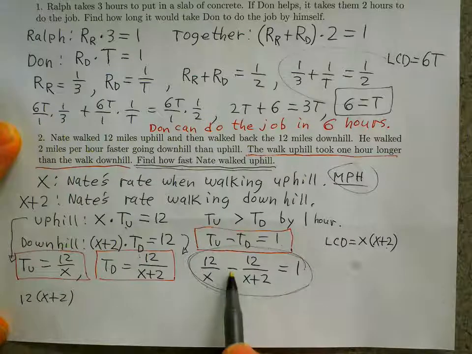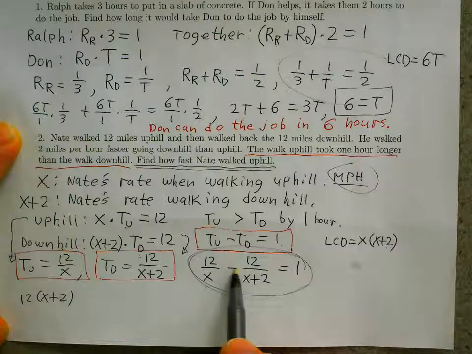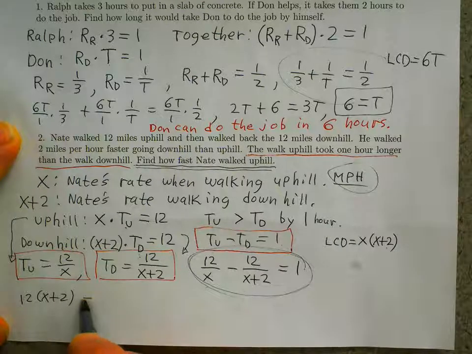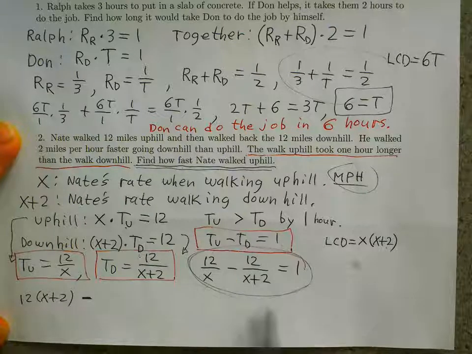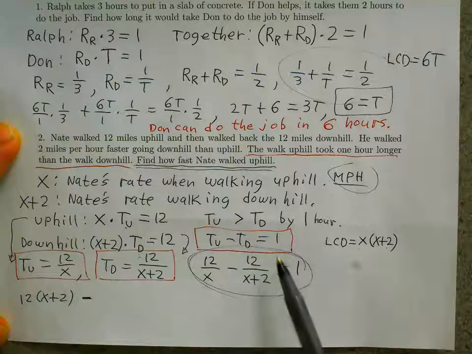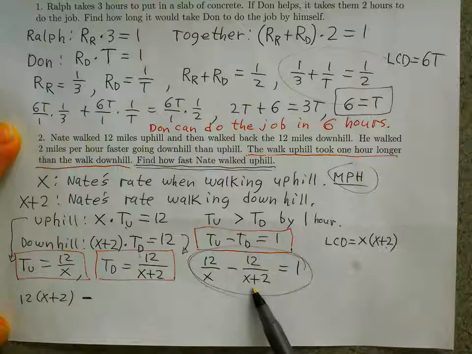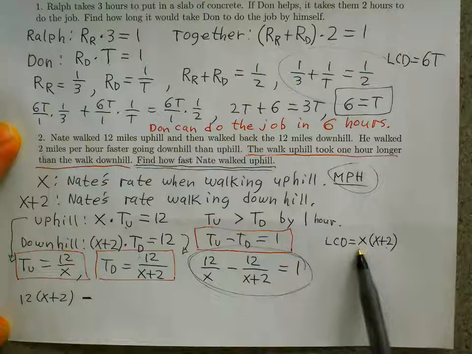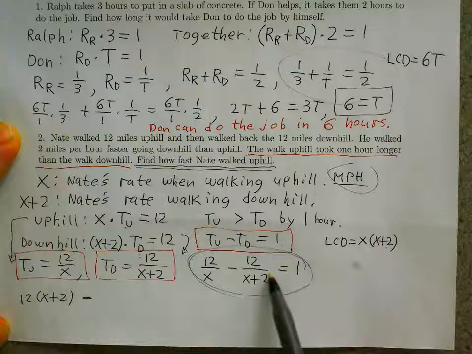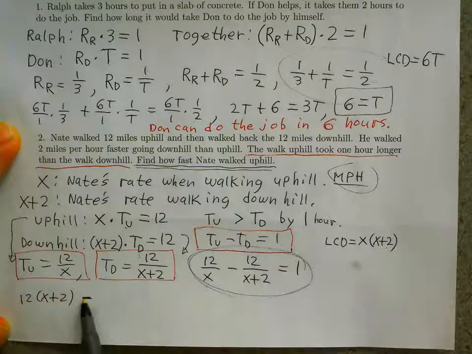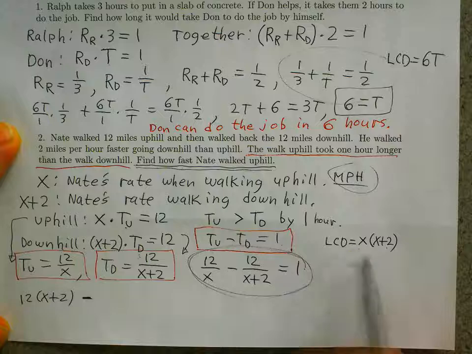And then remember, we have subtraction. You always have to be careful, especially with subtraction. We're going to multiply 12 over x plus 2 times x plus 2. This time the x plus 2 factors cancel, so we're just left with minus 12x.